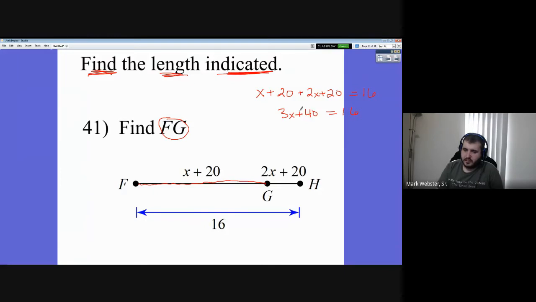So we're going to take this positive 40 and subtract it over to the other side. 16 minus 40 is -24, right? So now we can divide. If 24 divided by 3 is 8, -24 divided by 3 is going to be -8.